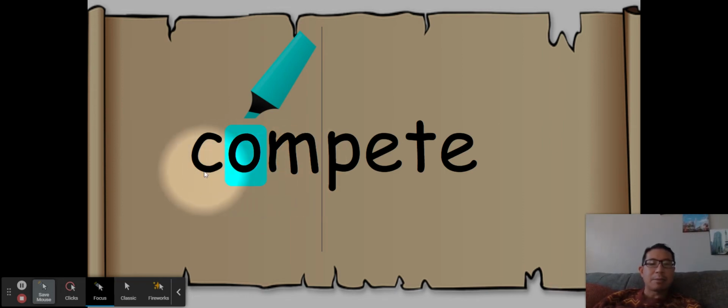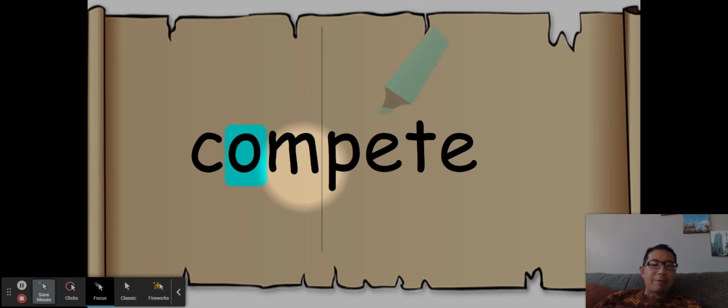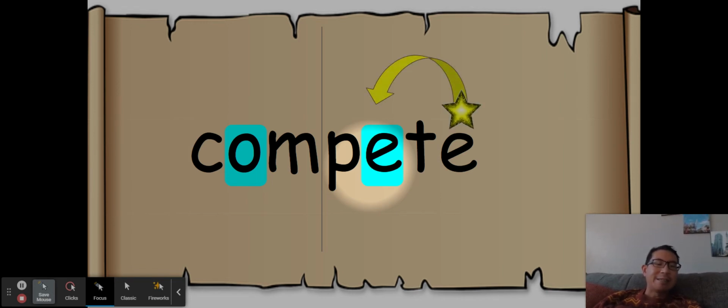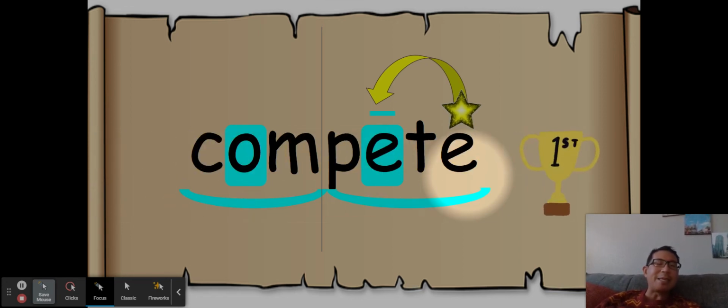Now we find the other vowel here, and there's an E. Normally this is E says eh, but because there's a super E there at the end, this now is E says E. So now it's p, E, t, Pete. Let's put the word together: compete, which means to battle in something. Woohoo!